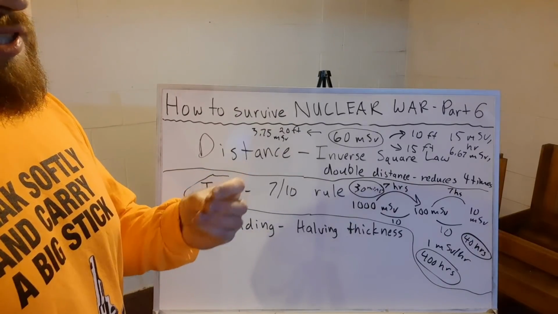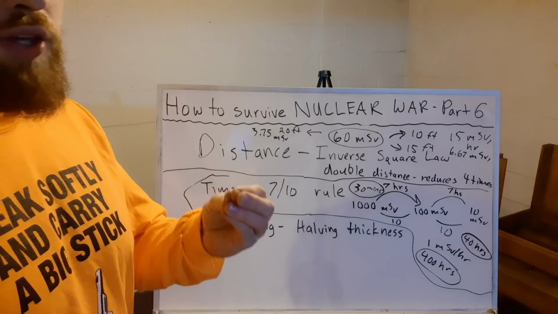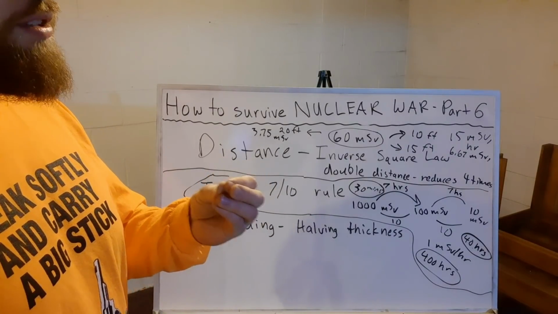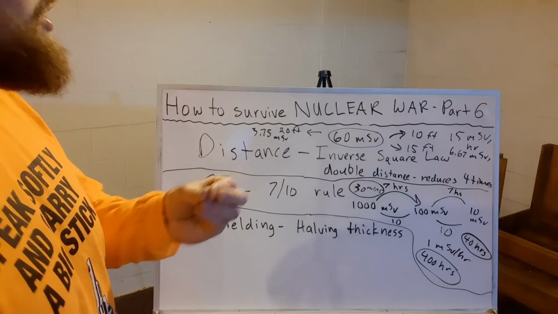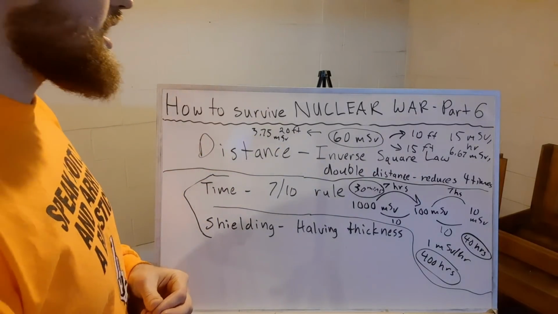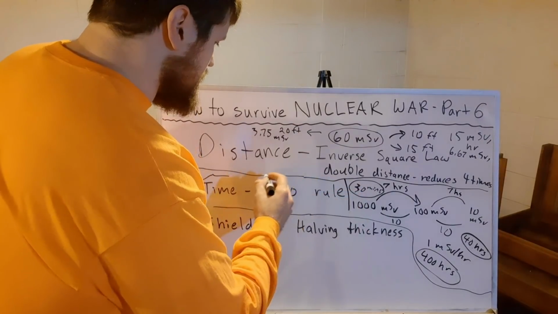But those little sand particles are not a source of radiation. It's not pure radiation. It's not a pure piece of uranium or a pure piece of plutonium. I hope you guys understand what I'm trying to say. So that's why fallout is survivable, okay?